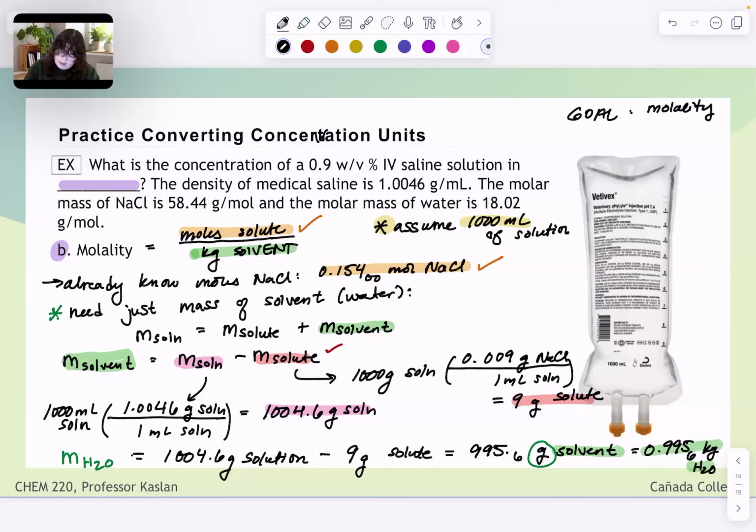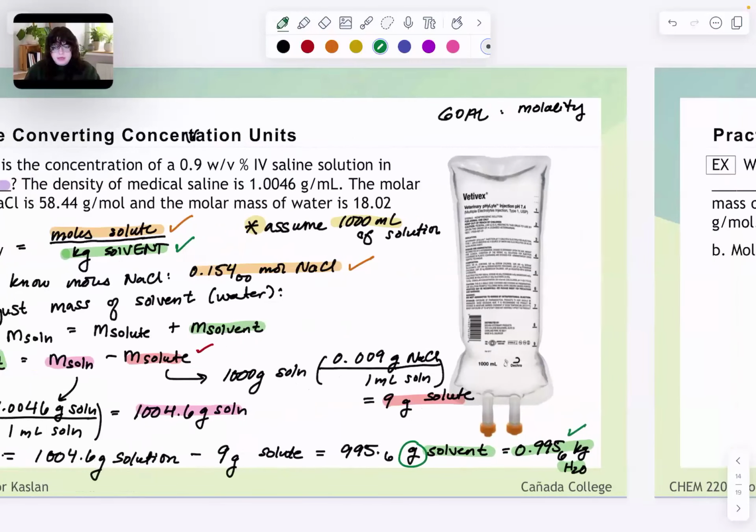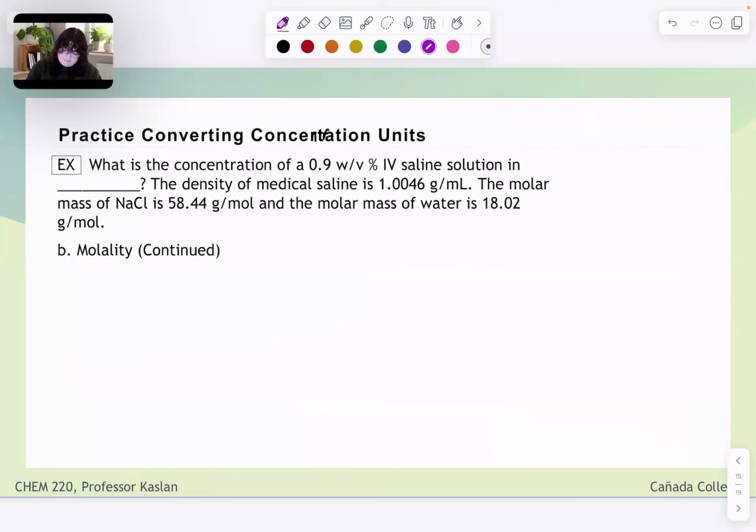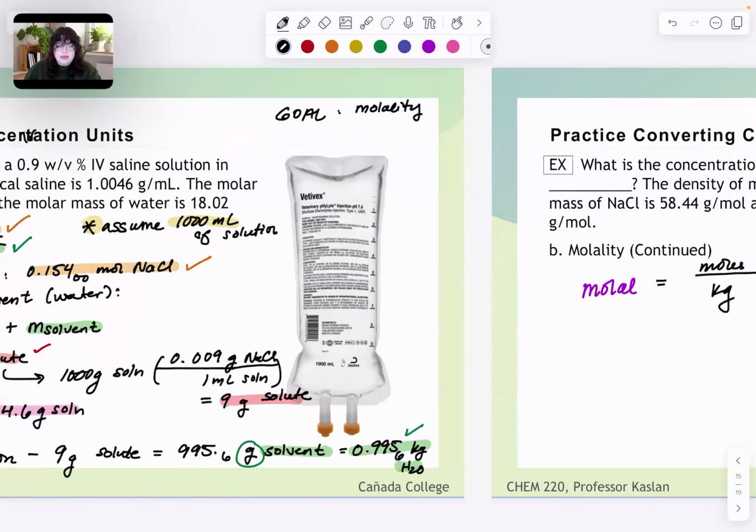And now I have the extensive properties needed to get a proportion to determine my molality. So let's do our final steps on this next page here. So we wanted the molality of the solution, which again was our moles of our sodium chloride over the mass in kilograms of our solvent. We had solved for these respective quantities in our prior work.